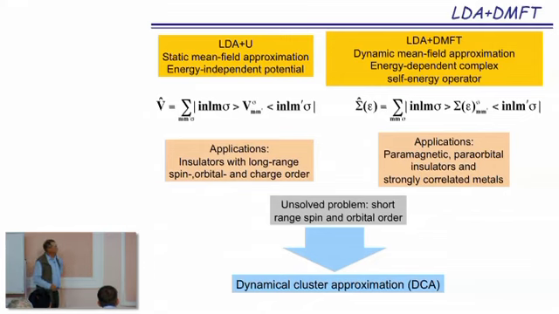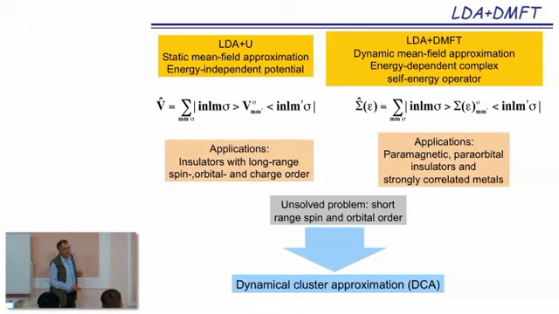Now, DMFT, Dynamical Mean-Field Theory. So first of all, what we have here, LDA plus U, as I said, is static mean field. So the potential is in a projection operator, but the matrix element is constant, this V. In DMFT, we will have a self-energy operator, which could be interpreted as, again, this projection operator, but now its matrix elements depend on energy or imaginary time.